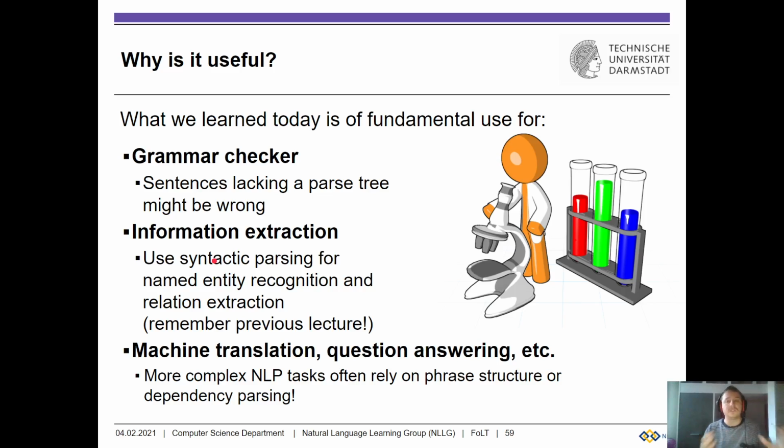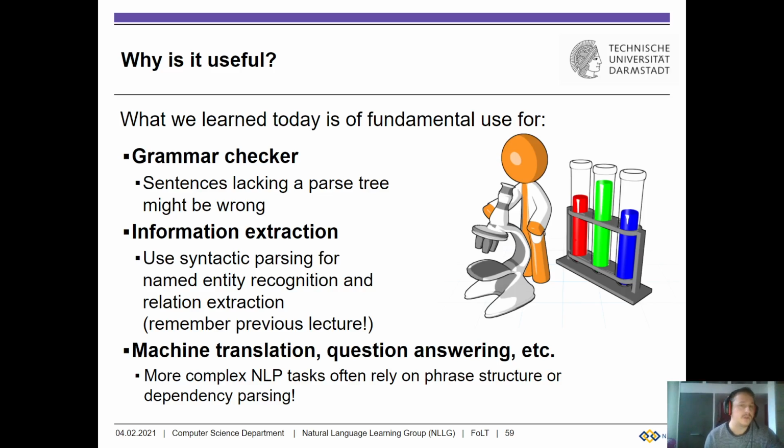Why is all of this useful? Well, first of all, I have to say that initially, the NLP community thought that we live in this hierarchy where we first solve lower level tasks and then we go up and solve higher and higher level tasks until finally we arrive at a semantic interpretation of a sentence.